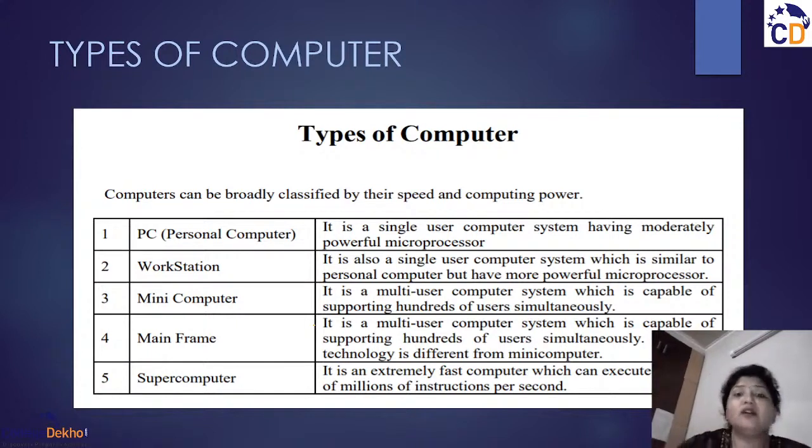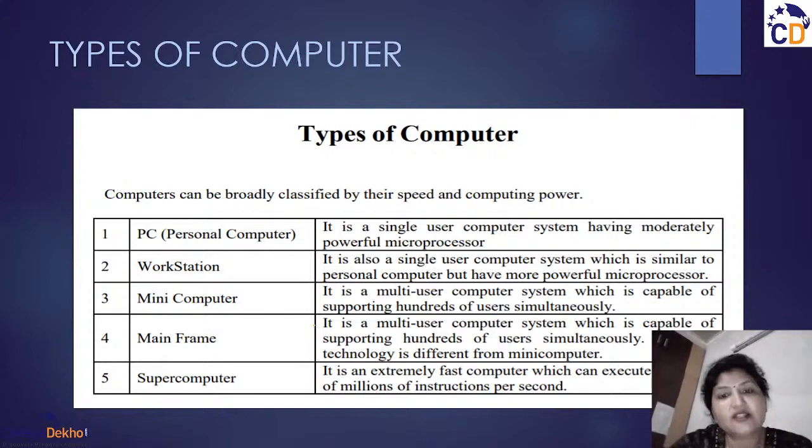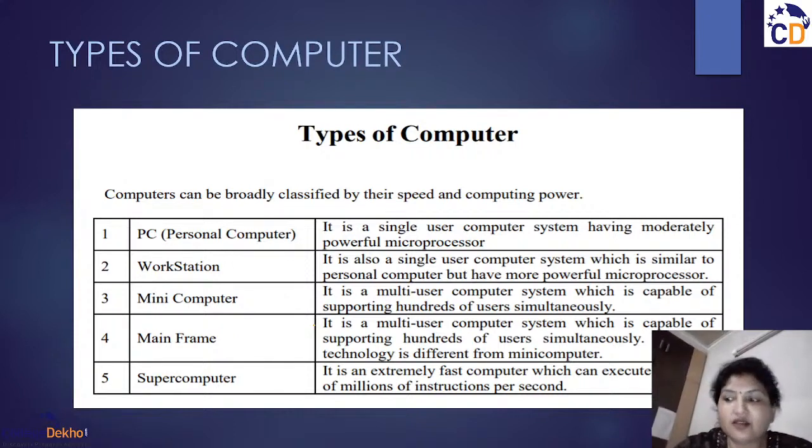It is a single user computer system having a moderately powerful microprocessor. So it is going to perform within seconds. The result would be calculated within seconds. How does it calculate? With the help of microprocessors. So this is the advantage of using different microprocessors.